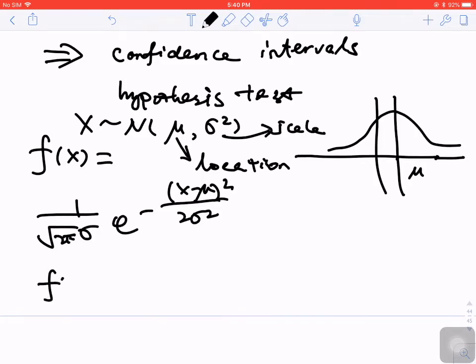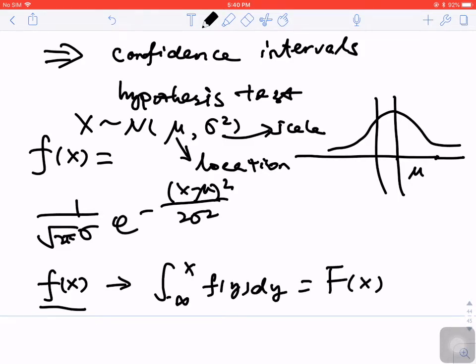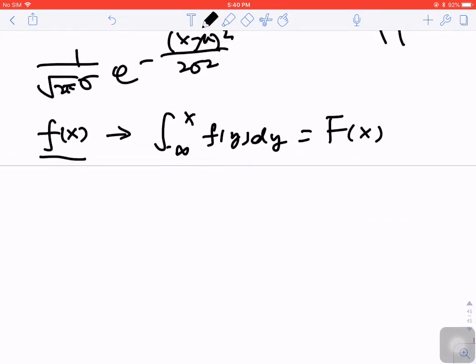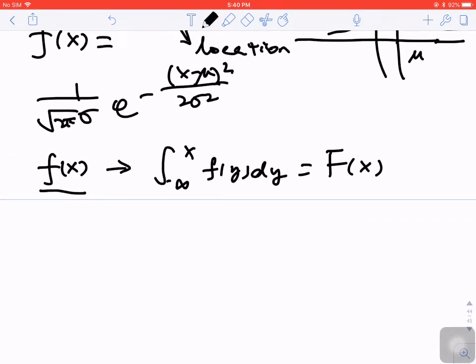Every time you have a PDF, you calculate the integral to get a CDF, but you cannot do this using the same formula. You cannot do this by hand for the CDF of a normal distribution. So I'm just going to use this symbol to denote the CDF of a normal distribution, and it has corresponding properties. We have discussed this in class.